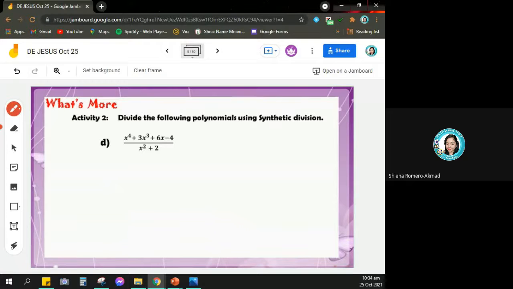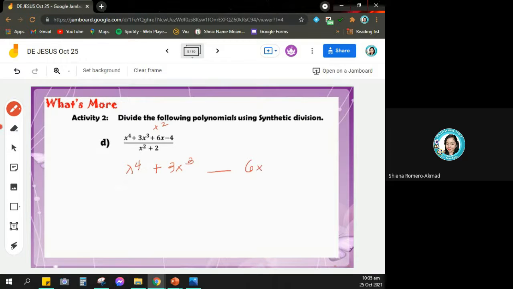So, this is x raised to 4, 3x cubed plus 6x minus 4. So, tingnan muna natin yung mga values na meron tayo. Ang nawawala ay yung x squared ulit. So, x raised to 4 plus 3x cubed. Tapos, wala tayong x squared. Lagyan natin ng space.